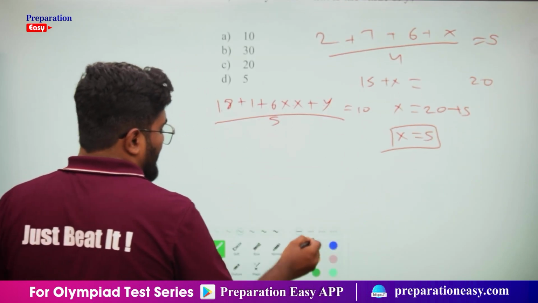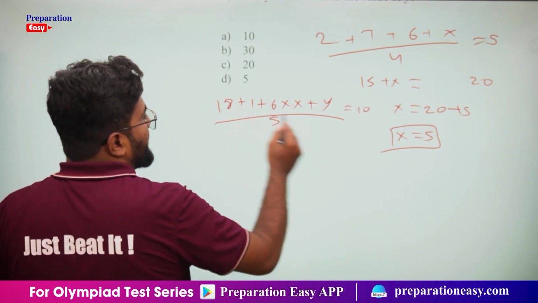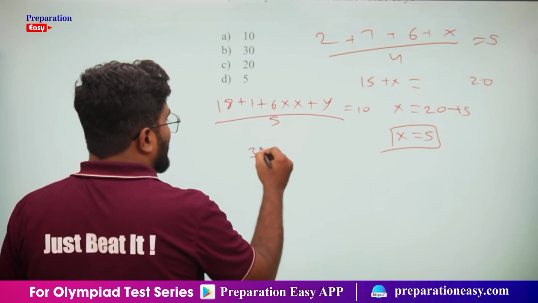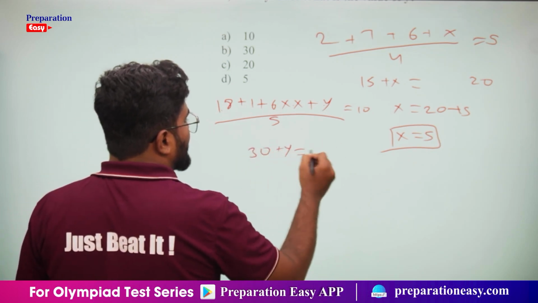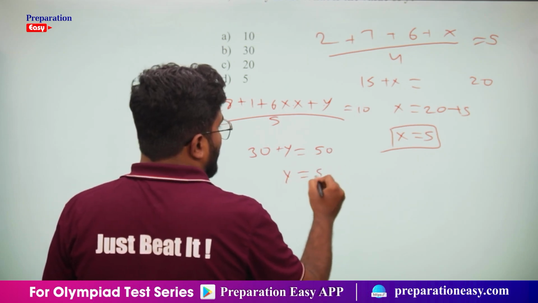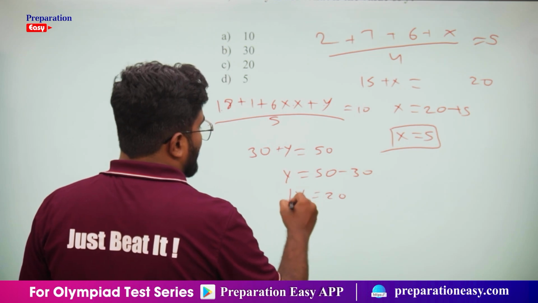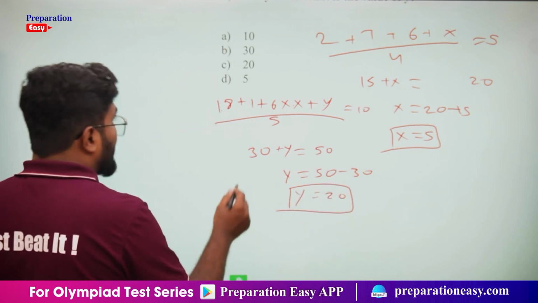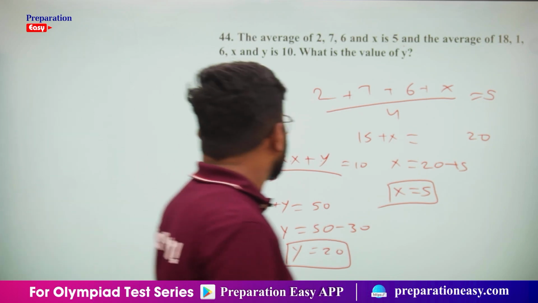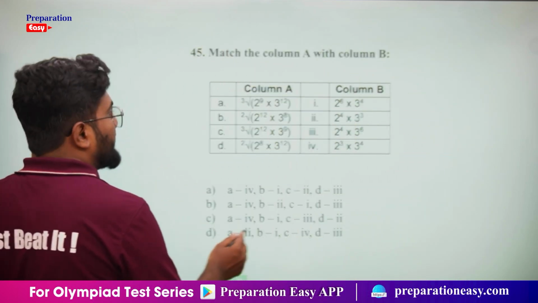So we will put the values. 18 plus 1, 19, 19 plus 6, 25, 25 plus 5, 30, 30 plus y equals 10 5s are 50, so y would be equal to 50 minus 30, that is 20. The value of y would be 20. Option C.